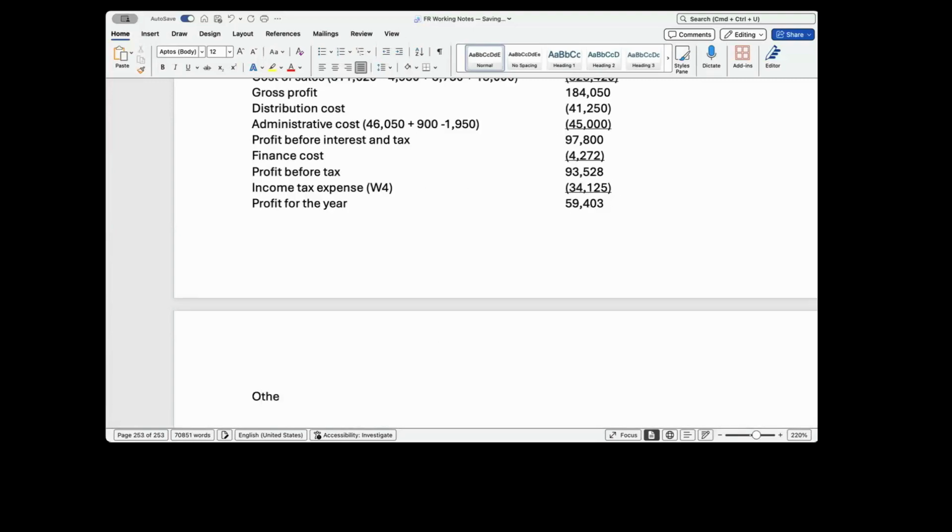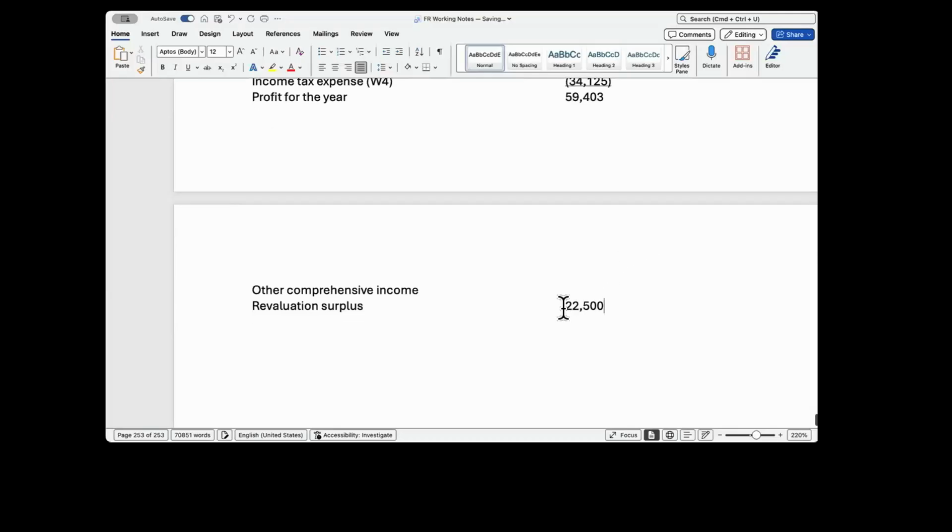Then in my other comprehensive income, I have revaluation surplus, which is how much? Which is 22,500.